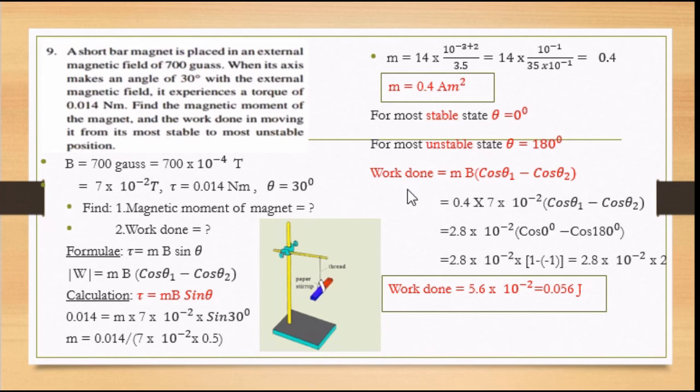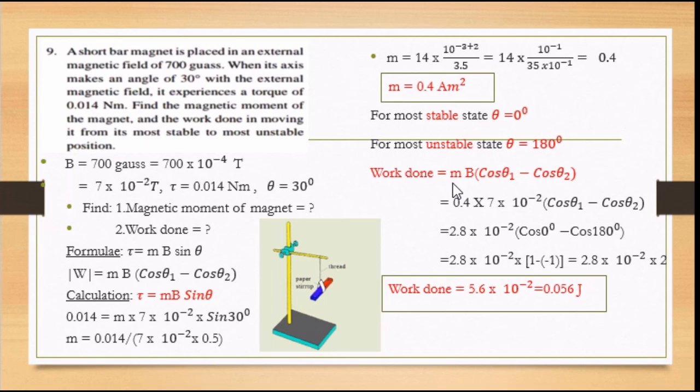We are going to find out the work done in moving it from its most stable state to unstable state. So whenever it is moving from most stable state to most unstable state, the work done is equal to mB (cos theta 1 minus cos theta 2).